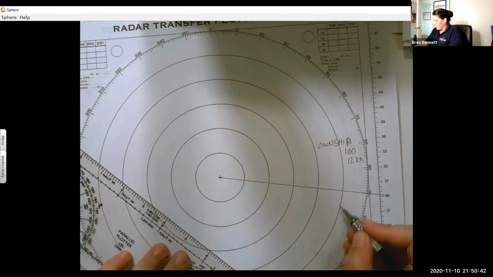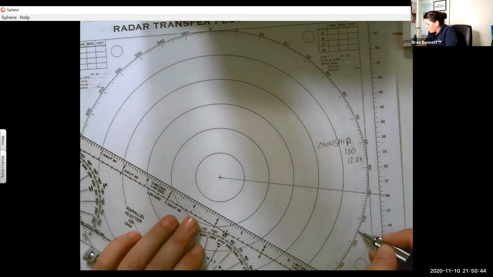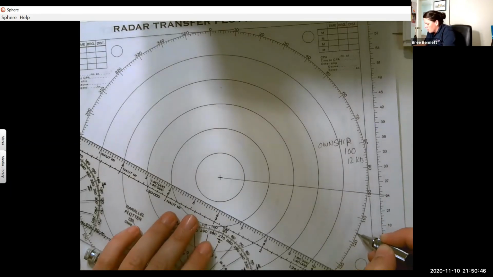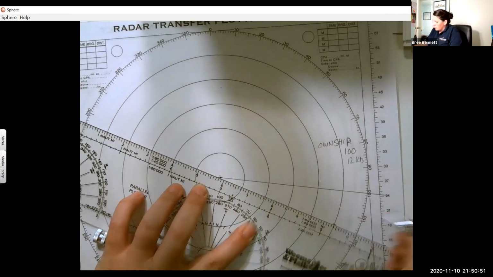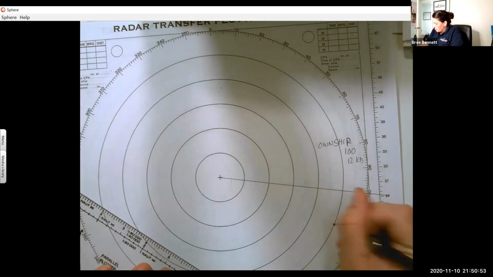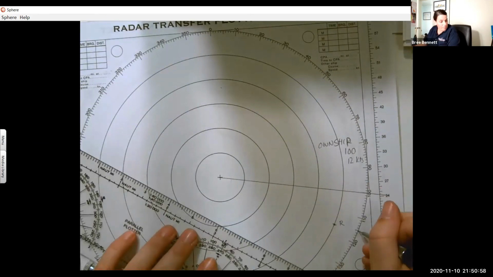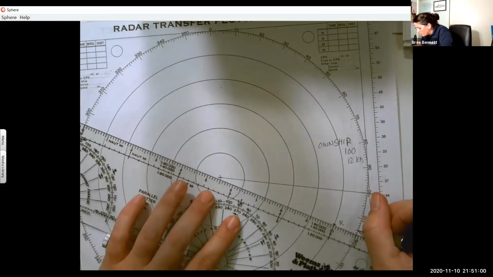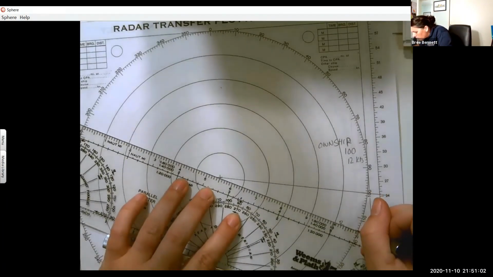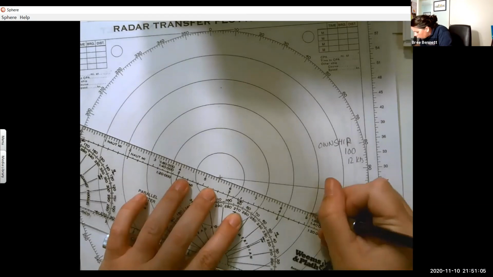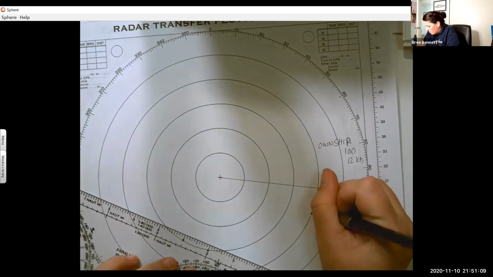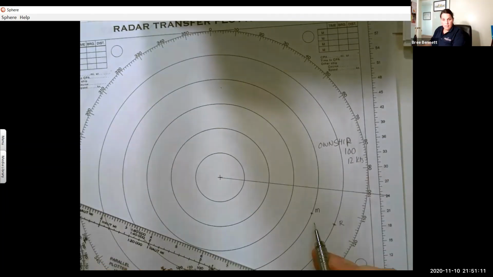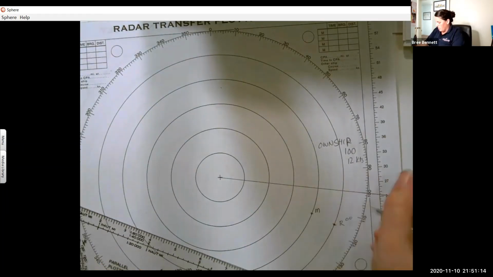So I know that this line is 10, so I have 116 at 10. So I'm going to label that R. And then I have 115 at 8, which is that other range ring. So I'm going to label this M. So I have my R and my M. This was at 0, and this was at 0.6.